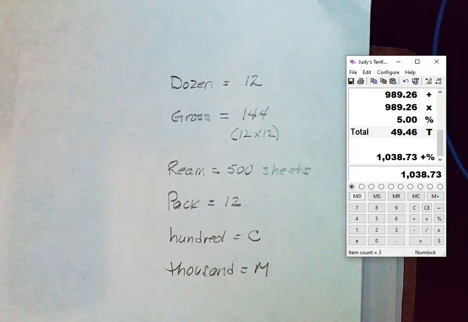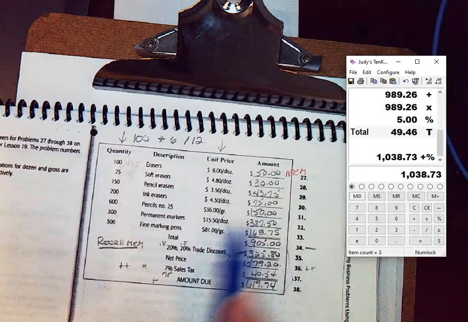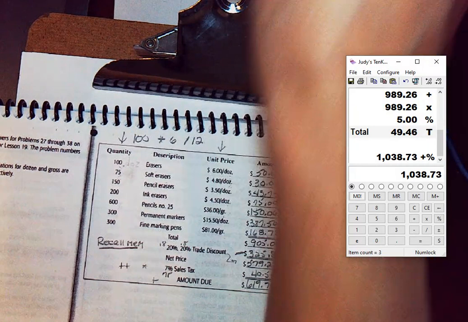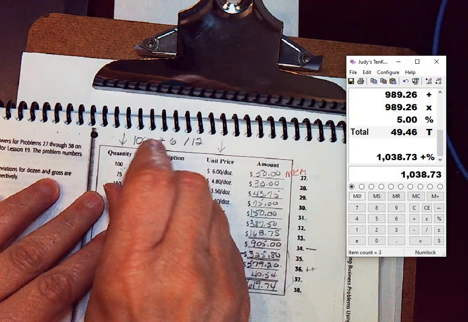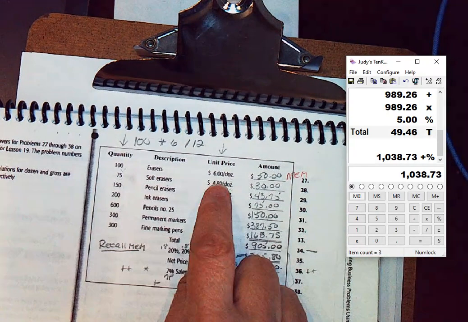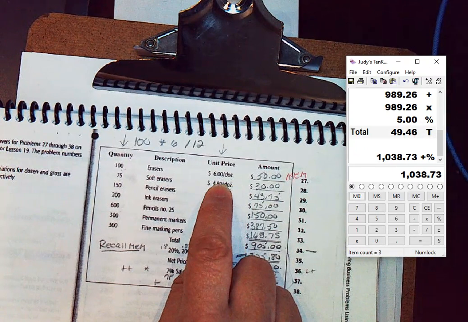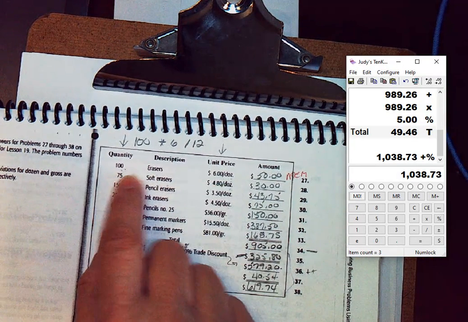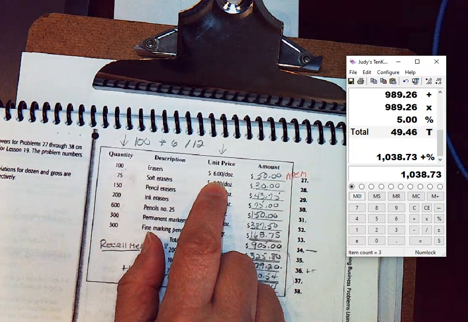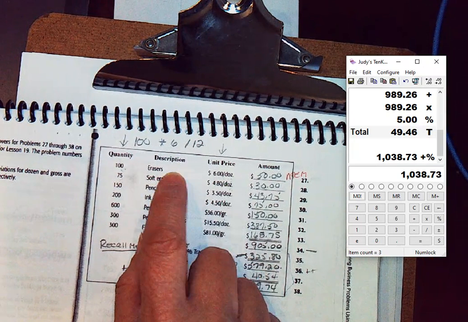So looking on page 121, you are buying 100 erasers, 100 individual erasers, but the price is per dozen, not one eraser. So if I take 100 times $6, that would be $600 for 100 dozen.